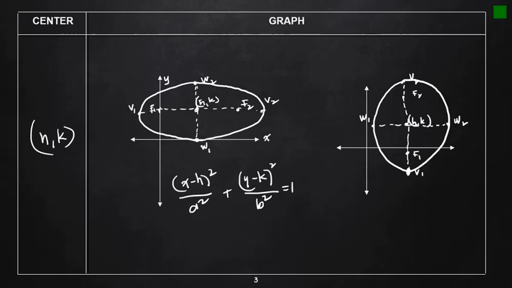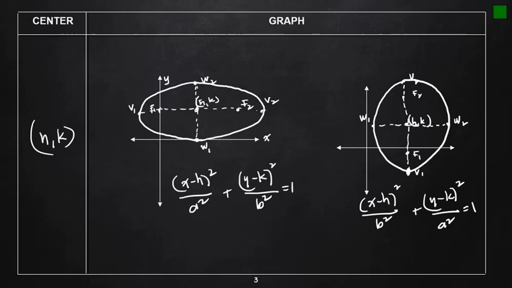Alright, so how will the equation of this type of ellipse look? It would be like this: (x minus h) squared over b squared plus (y minus k) squared over a squared equal to 1. Notice the difference between the two.